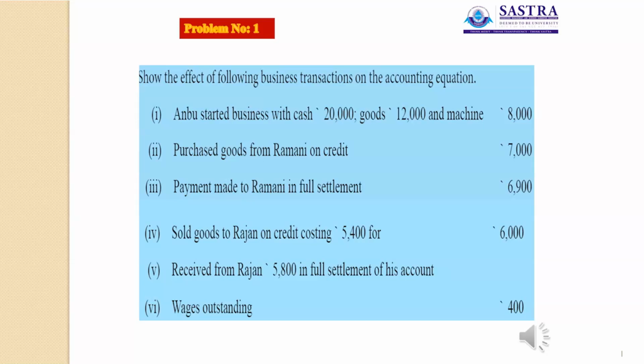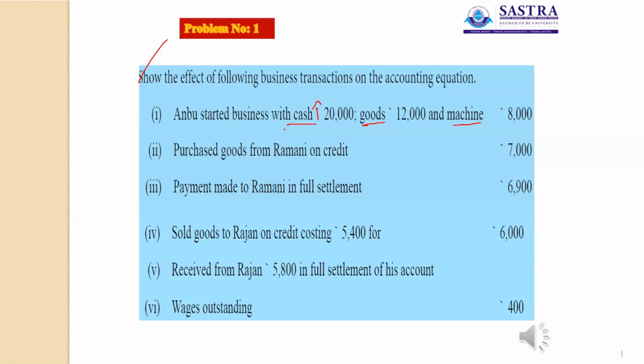Here the first transaction: Anbu started business with cash, goods that is stock, and machinery. Here there are 4 accounts involved. One is cash account, so cash value increases.